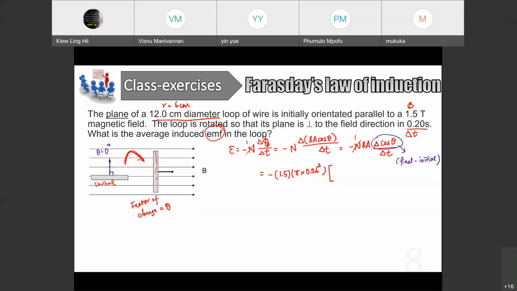Wait, hold on. Initially, it is parallel to the magnetic field.